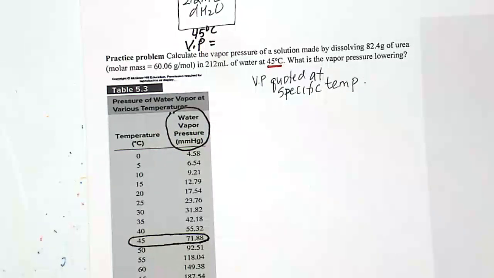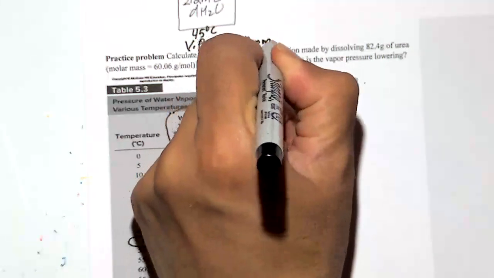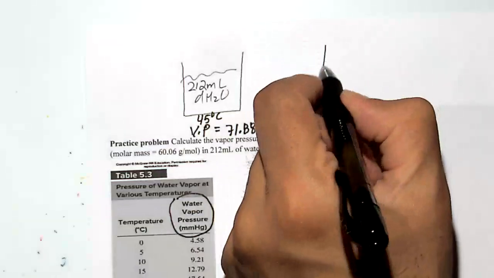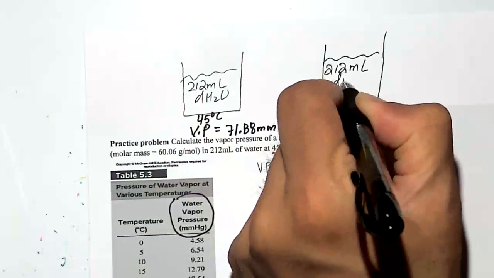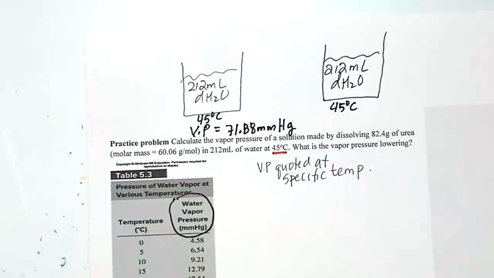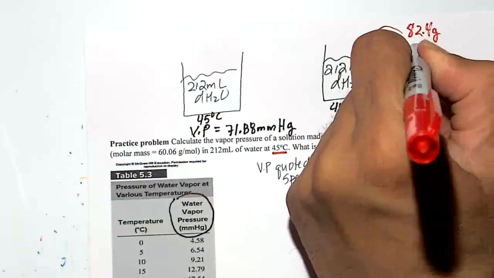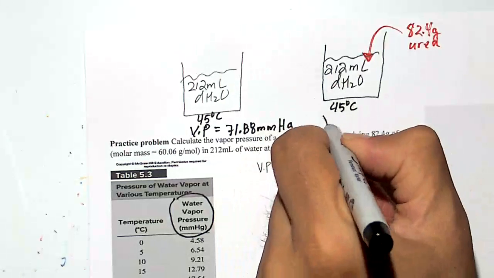If you change the temperature, you change the vapor pressure. 71.88 millimeters of mercury is for neat water by itself. Then to that 212 milliliters, still at 45 degrees, we're adding 82.4 grams of urea. So the question for us is, what is the new vapor pressure?